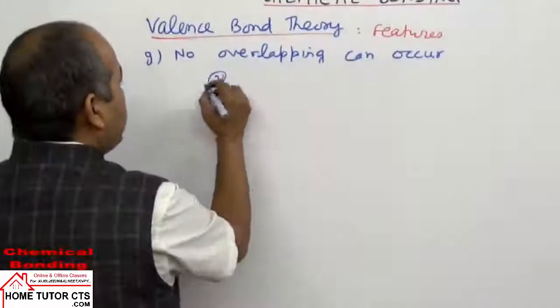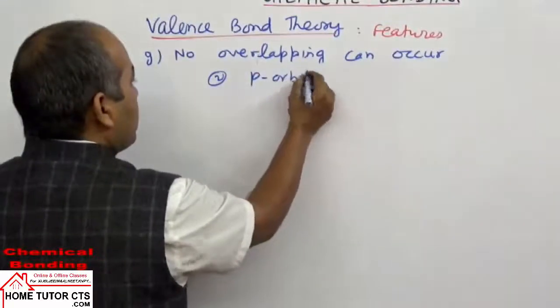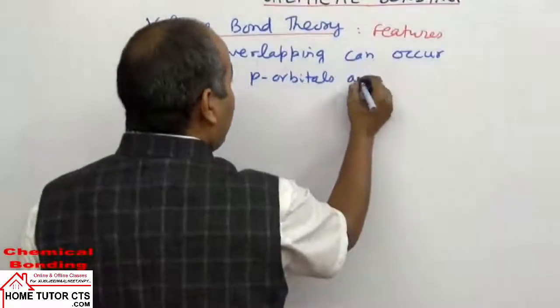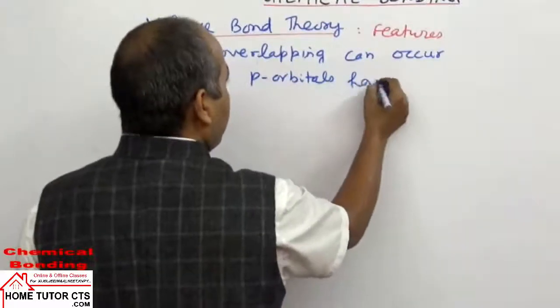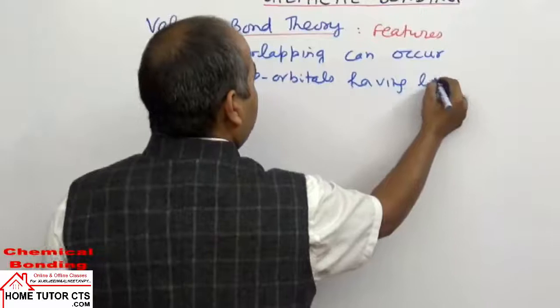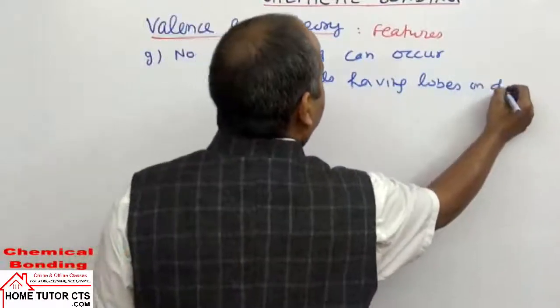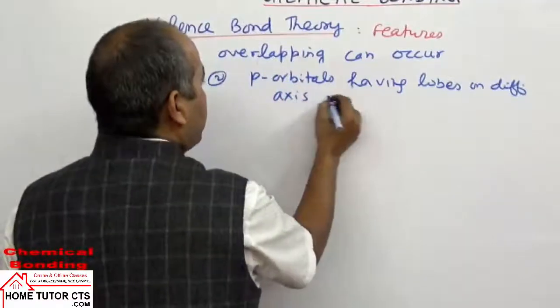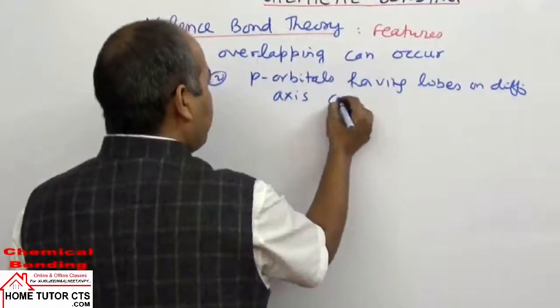The second case: p orbitals having lobes on different axes cannot overlap.